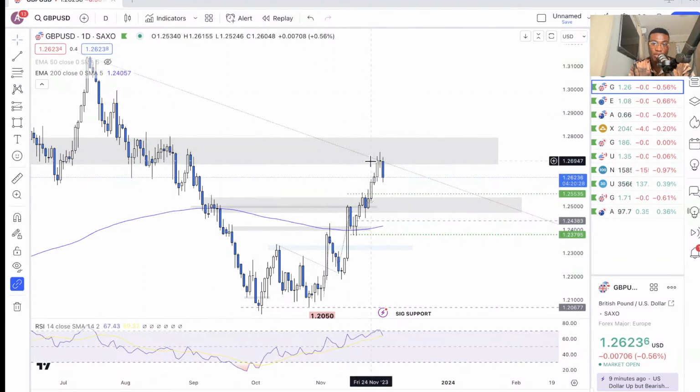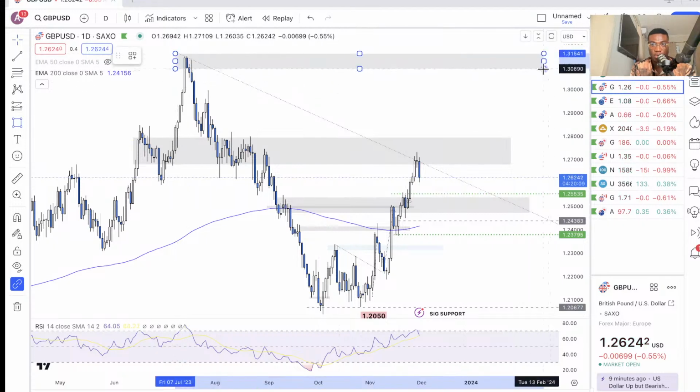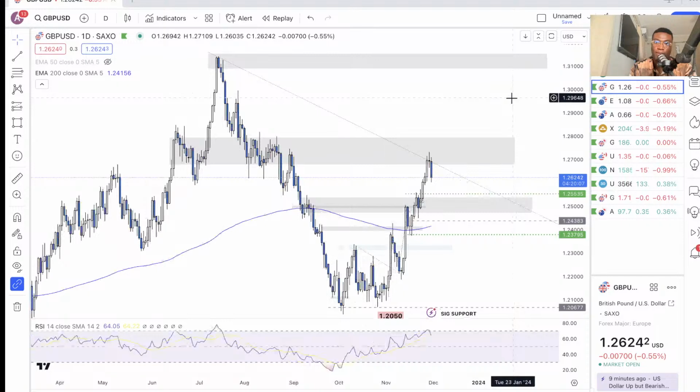We have the key level, we have the trend line, we have the reaction from RSI at overbought levels as well. So again, I expect the pound dollar to just trade below this trend line. But if we get a break above it, then we're pushing up on the pound dollar to these levels.